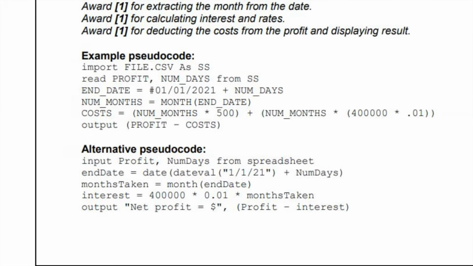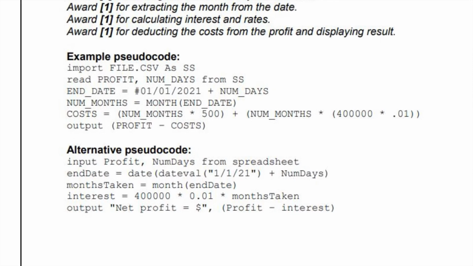And here we've actually just done import file CSV to get the variables we want. So we did import file CSV as SS, and we're going to have this read keyword for profit and number of days from SS, which is right here. Now, you've never seen this before, but this is something you can do in option B. Now, the end date is going to be just a date.